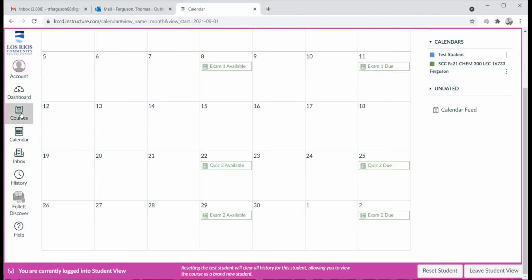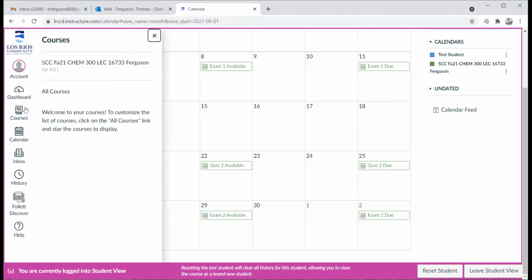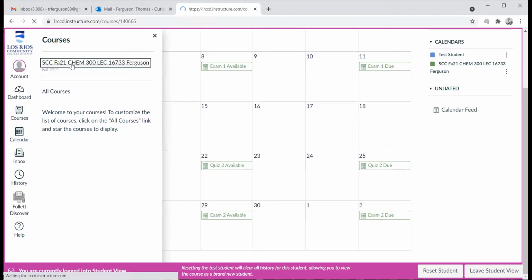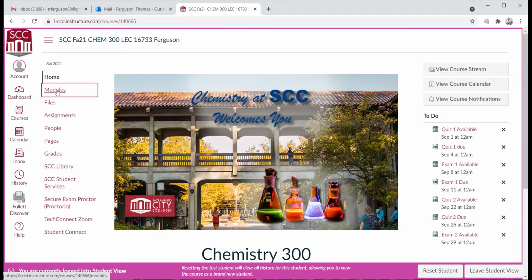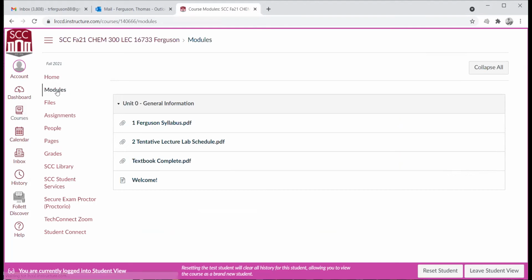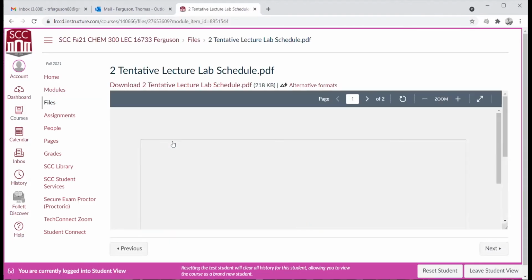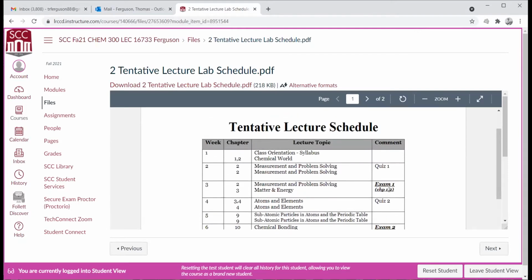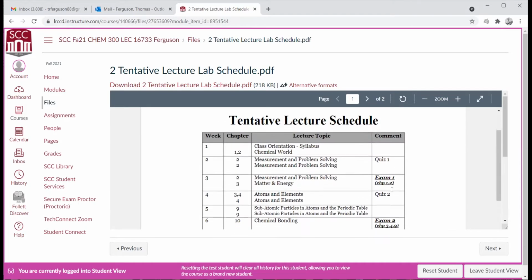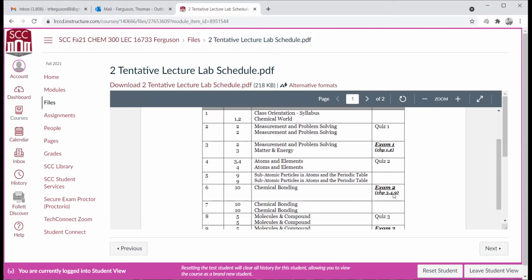I have a question. Sure. What is the first quiz going to cover? I don't see any specific study materials in the modules that we're supposed to focus on for the first week. If you look at modules over to the tentative lecture schedule, it will tell you, see, exam 1 is on chapters 1 and 2. Exam 2 is on 3, 4, and 9.